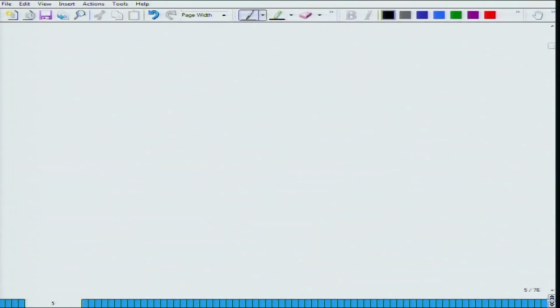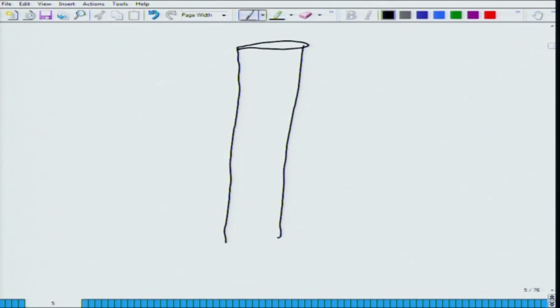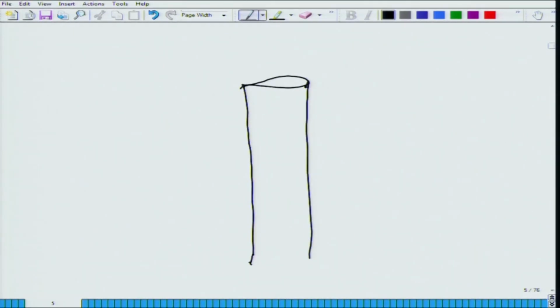If this is a flexible tube and here I have a ball, this ball has to get through, and the tube is fairly flexible.